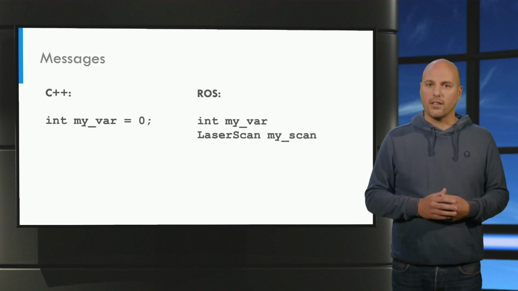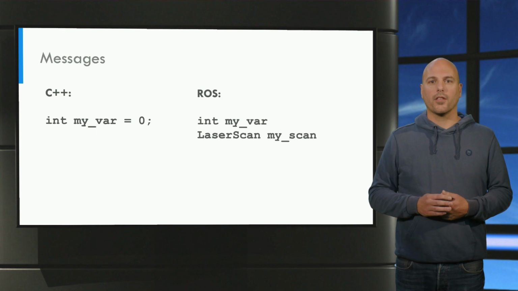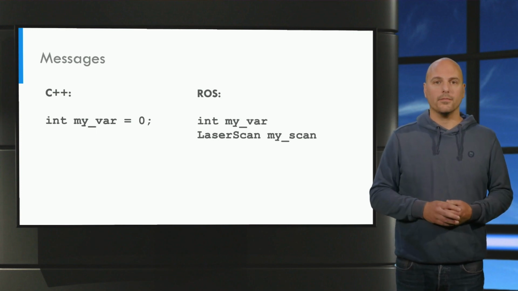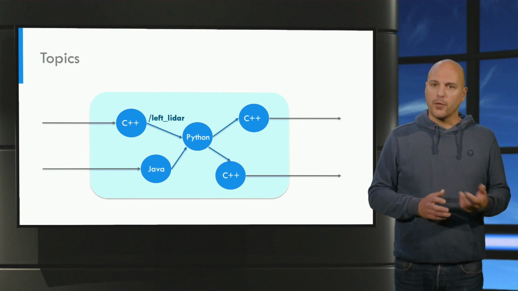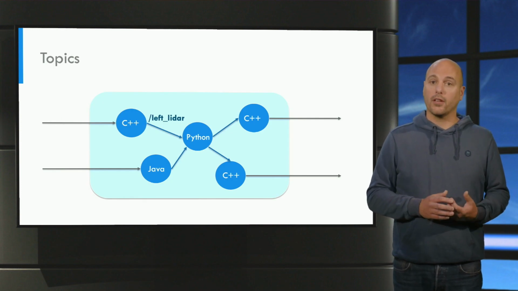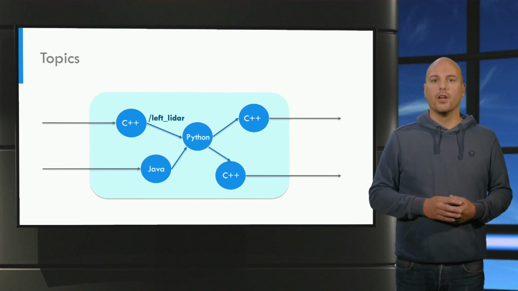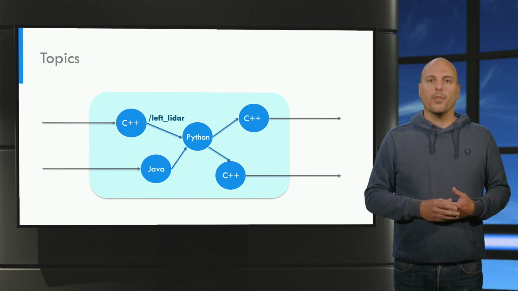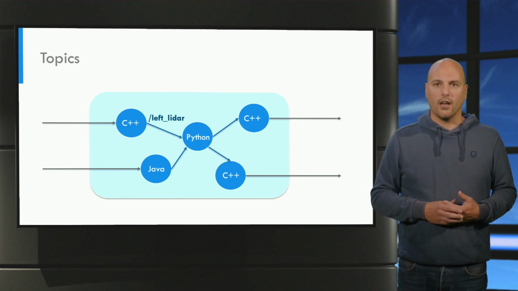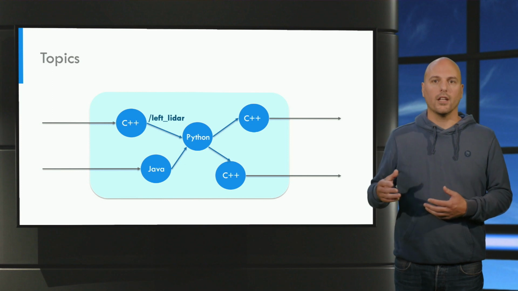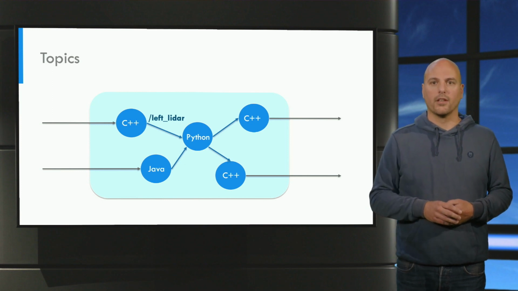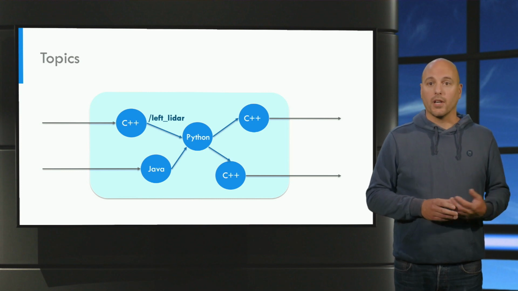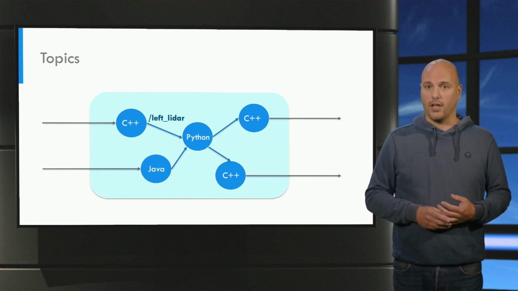Now that we defined the type of the data, let's have a look at the 3 ways to transport this data from one node to another. This first one is called topics. A topic uses a publisher-subscriber mechanism to communicate some data. Imagine a node that is translating the LiDAR data from a C++ SDK into standard ROS LiDAR data format. In a previous slide, we discussed the data type. But a programming language also needs a variable name for your data.